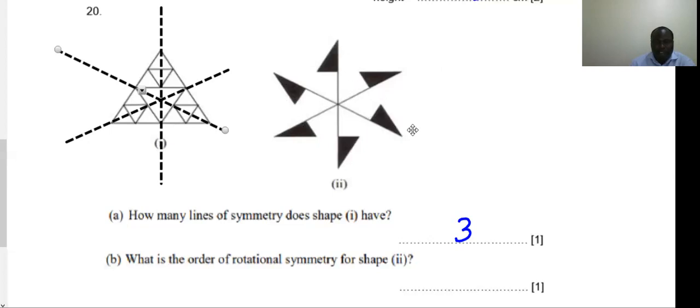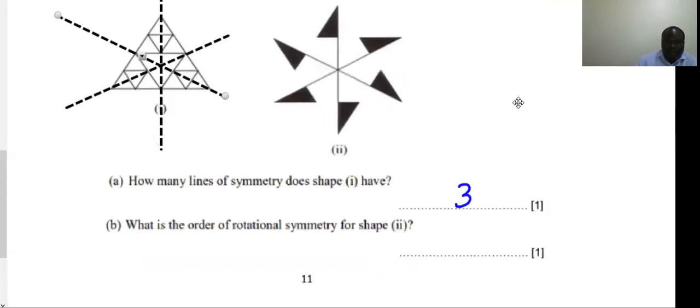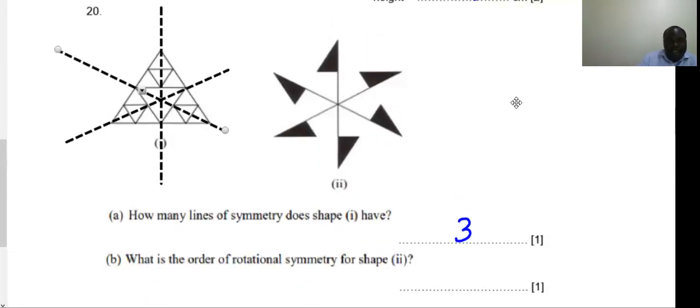For example, when you rotate this shape, this part will come here. So you count 1, come here, count 2, count 3, count 4, count 5, then it will go back to where it started, then that you count 6. But if you want to do it clearly, you need to use a tracing paper.